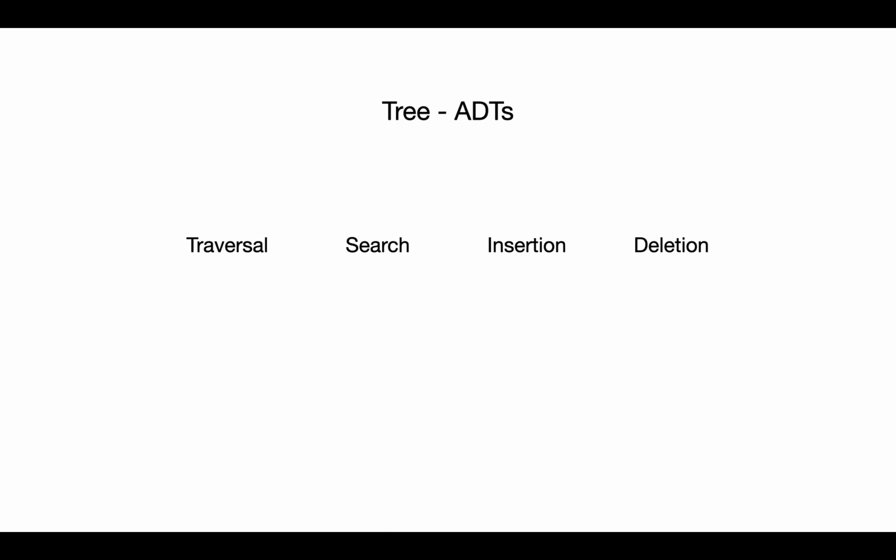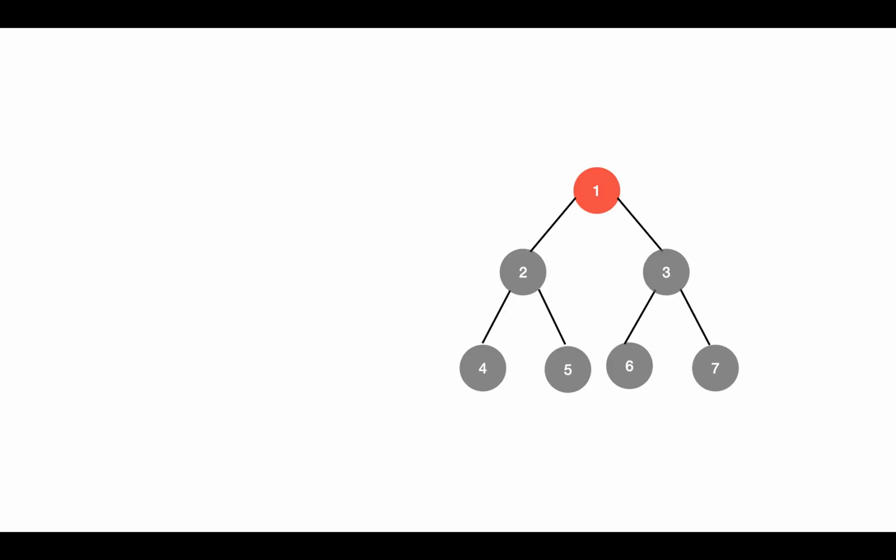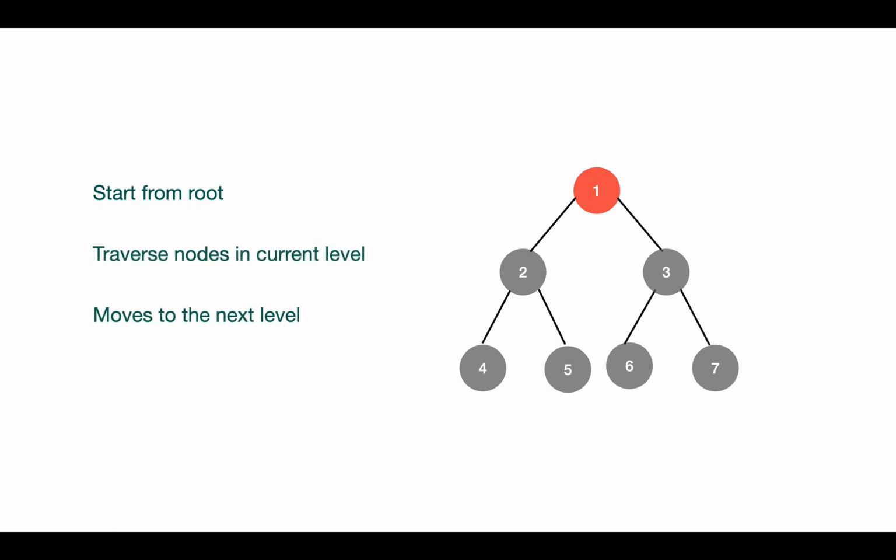Unlike other data structures, trees and graphs have more than one type of traversal, which are classified by the order in which nodes are visited, broadly into two types: breadth first search and depth first search. In breadth first search, traversal starts from the root node and then it visits all the nodes of the current depth first before moving to the next depth in the tree.